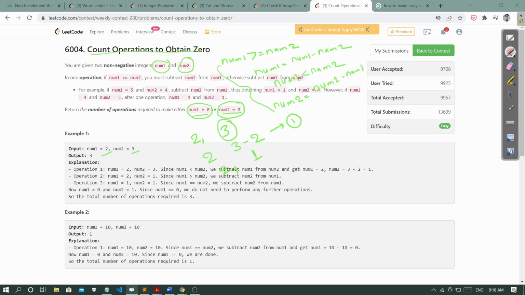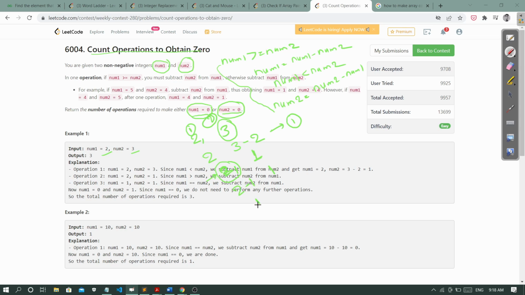Okay, if I consider these numbers, we have 2 and 1. This is num1 and this is num2. Num1 is greater than num2, so subtract: 2 minus 1 is 1.